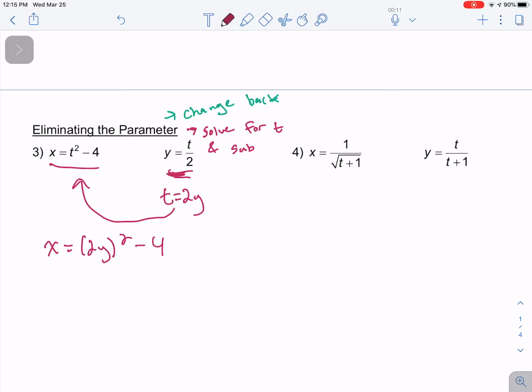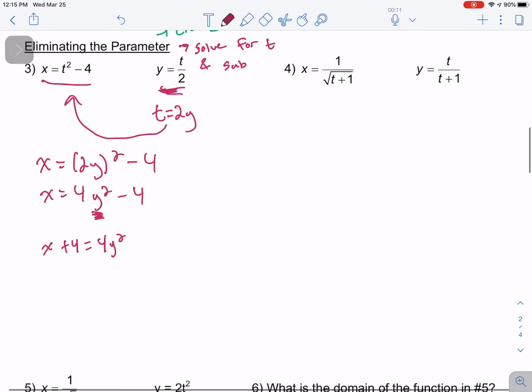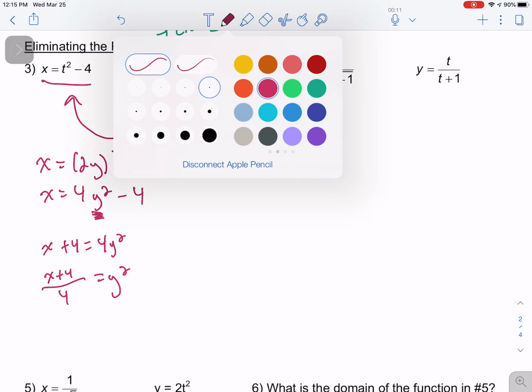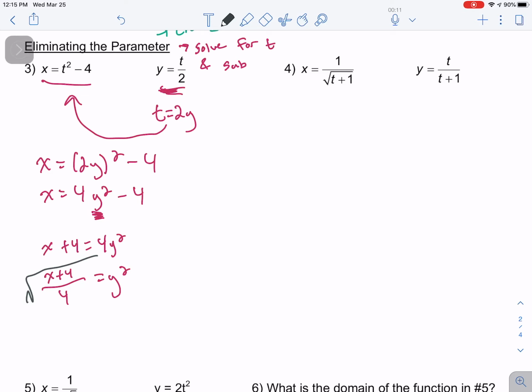And then we're going to simplify and solve for y. So I'm going to simplify here. So x equals 4y squared minus 4. We have to get the y by itself here. So we're going to get x plus 4 equals 4y squared. Divide by 4, so x plus 4 all over 4 equals y squared. Y is almost by itself, so you have to take the square root.